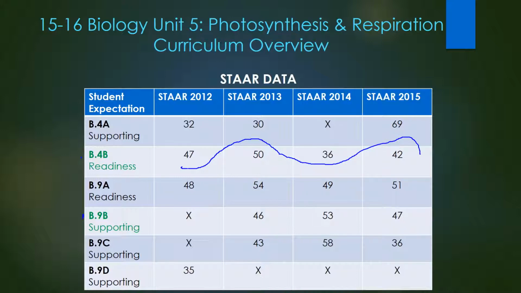Same thing again for B.9B, which was not tested in 2012 as a supporting standard. But again, we started low, we increased in 14, and then we went back down in 15. So we want this curve to continuously go up versus going in our current trend of up, down, up, down.